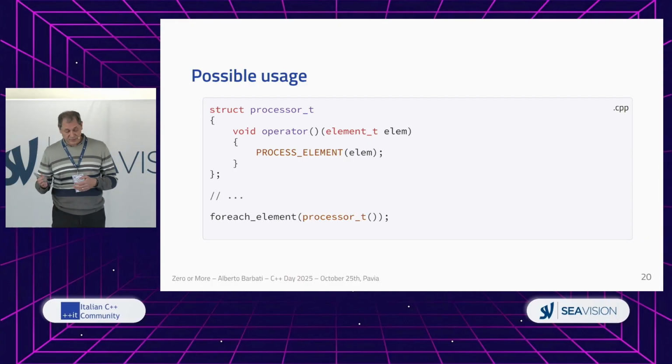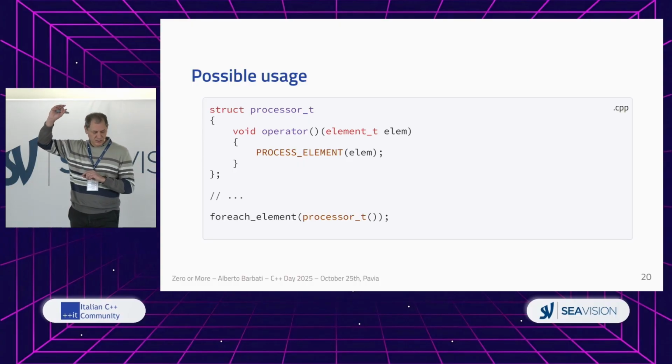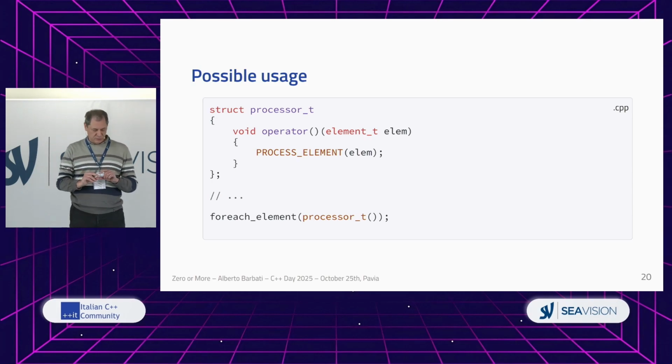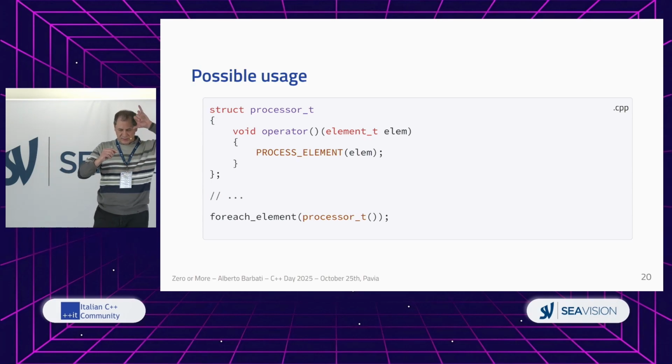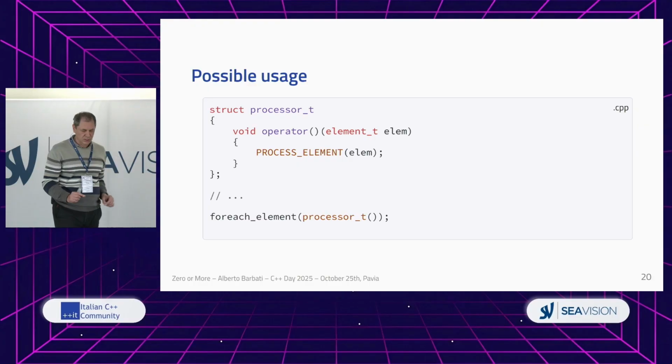You also have the same problem that the code is separated from the caller. In C, the function that processes the element has to be put in a separate function. Here, it is to be put into a separate structure. So imagine you have the structure, and then the code that uses it is probably in another function. So they are physically separated in the source code.